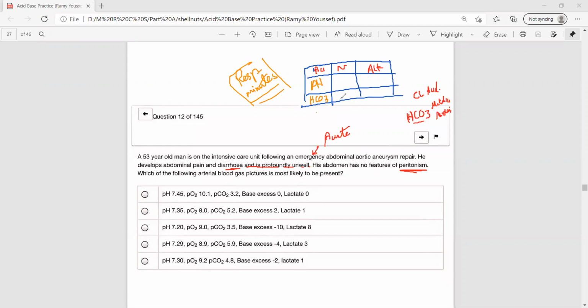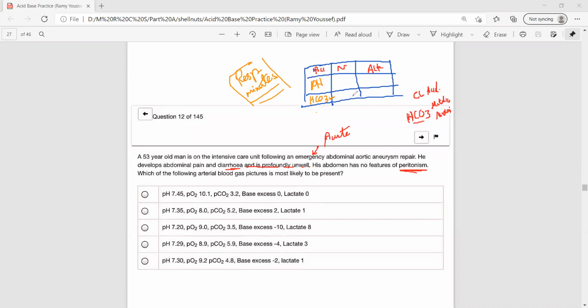I expect HCO3 to be low, so it's acidotic. So you expect CO2 to be normal or towards alkalosis.